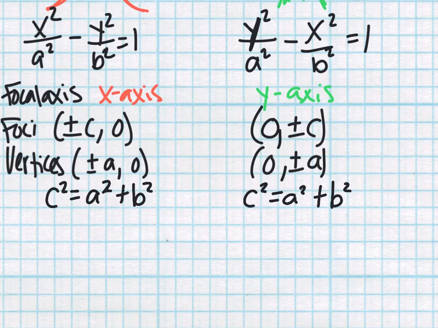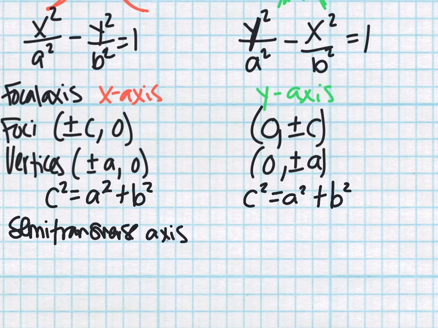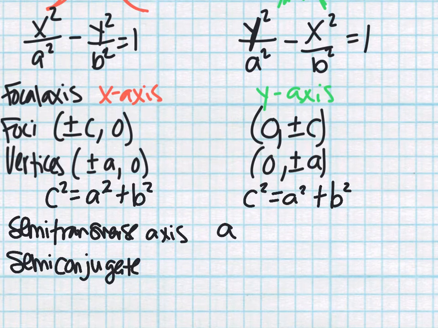So semi-transverse axis is the same for both of these. Doesn't matter which one it is, their lengths are both a. The semi-conjugate axis is b.